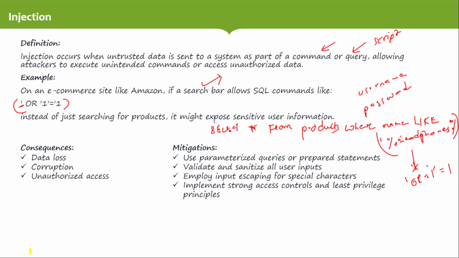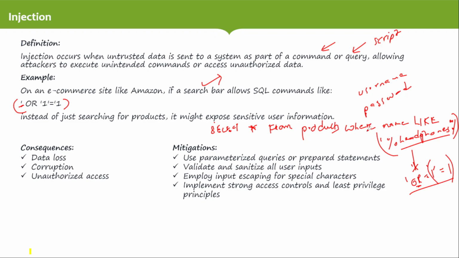In place of headphones it will be replaced with this. It makes the condition 1 equal to 1 true. For an OR, if any one condition is true, the entire statement is true. So it will list all the products in the database.